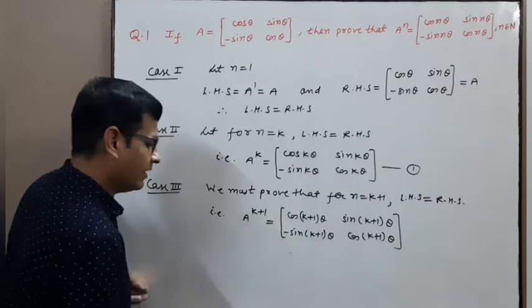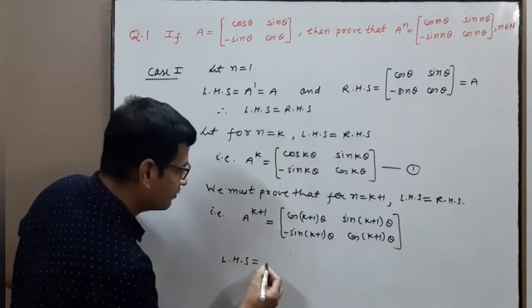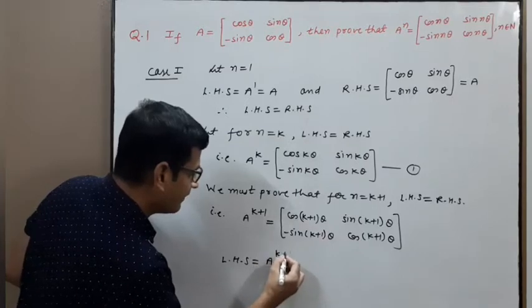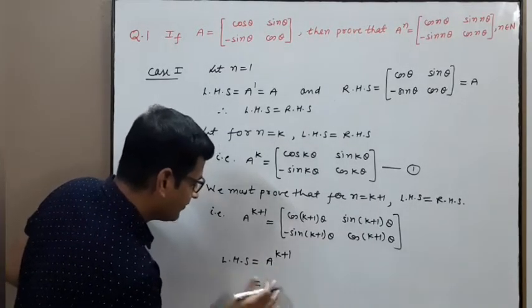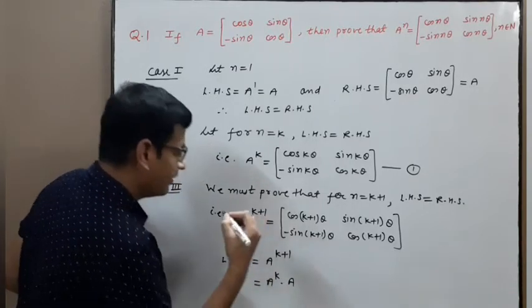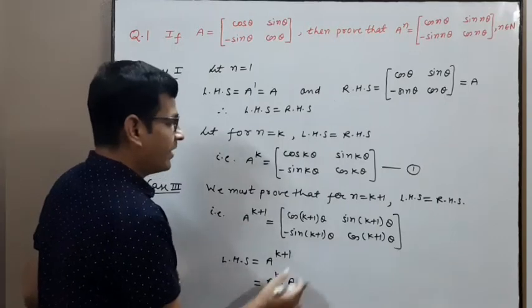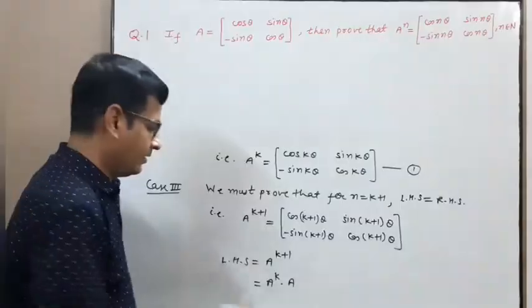Now start from left hand side. Left hand side is equal to A to the power k plus 1, which is equal to A raised to the power k into A. Now putting the value of A raised to power k from equation 1 and the value of A from the given question. Next step.